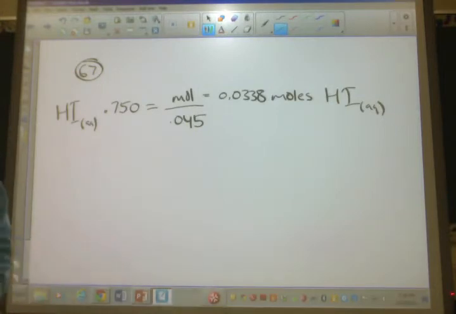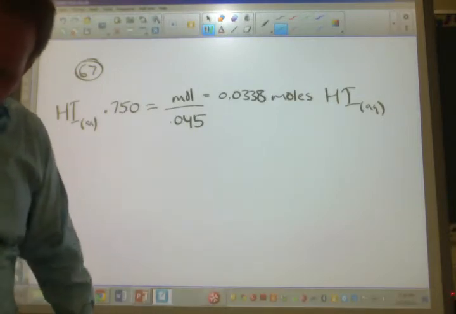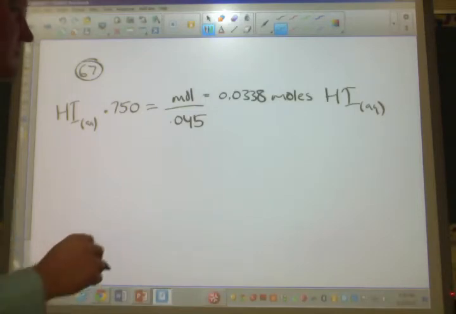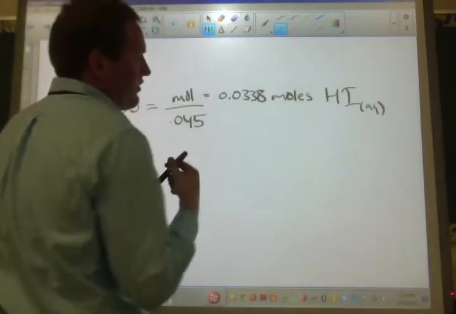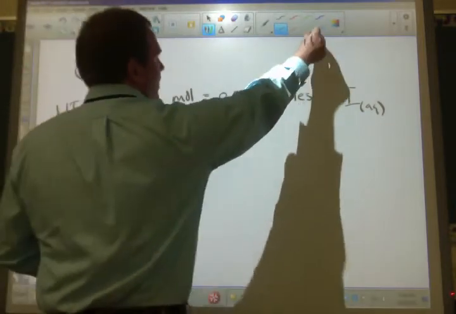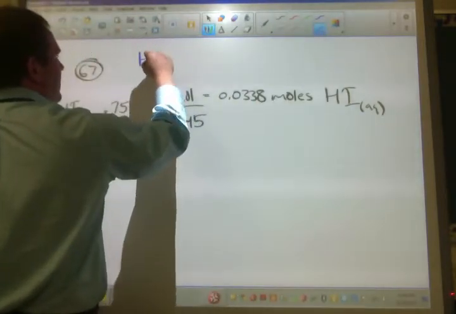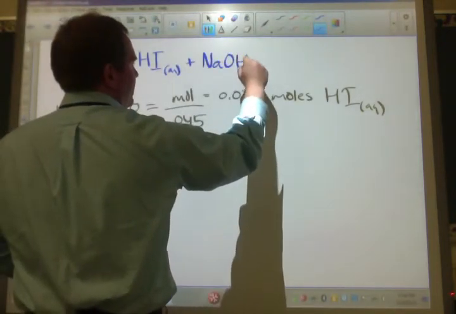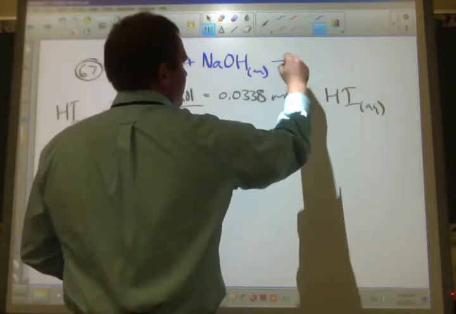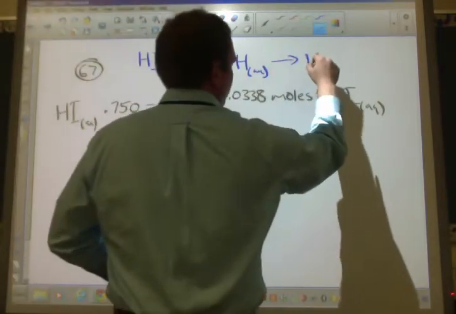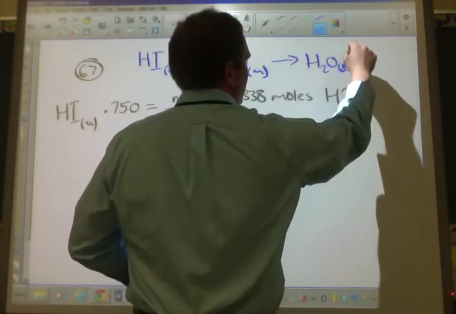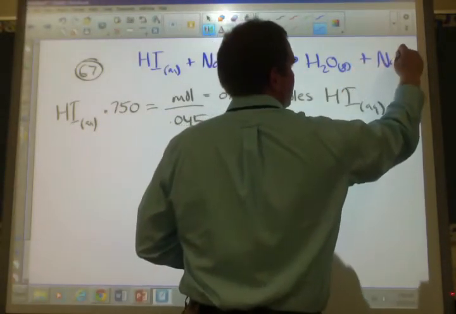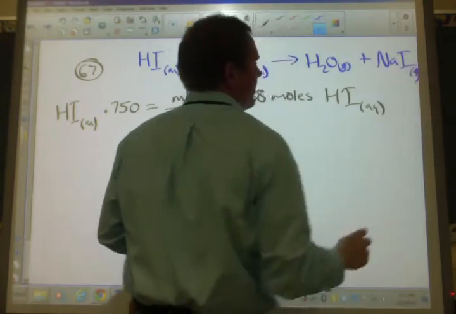Okay, so I now found moles, and let's see what we need to do here. So this is mixing with sodium hydroxide. So I need to know what's the mole ratio between hydroiodic acid and sodium hydroxide. Well, my equation is going to be hydroiodic acid plus sodium hydroxide is going to create, H goes with OH to form liquid water, I goes with Na to form NaI, that's going to be aqueous.